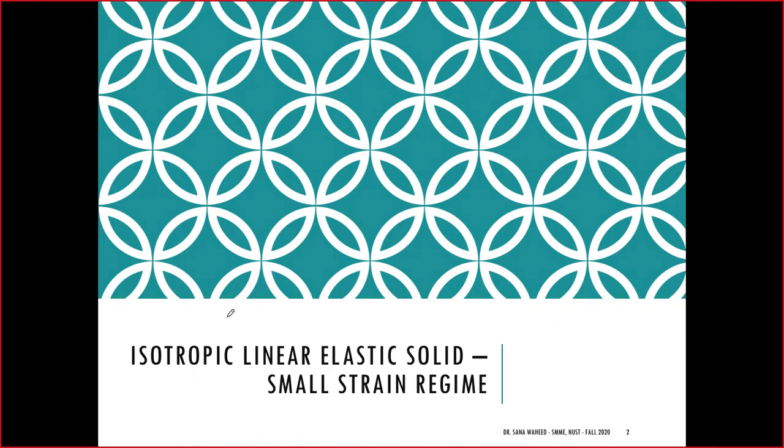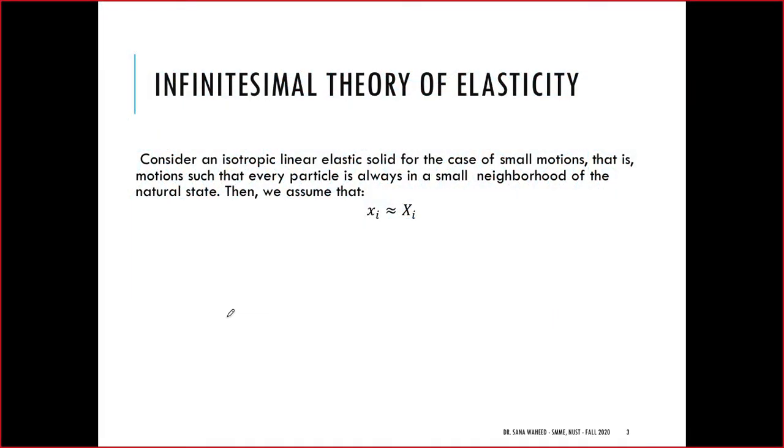Perfect. So for that, I need to go back a little bit to our kinematics. और अभी मैंने example में भी थोड़ा सा brush through कर दिया था, और उसको थोड़ा हम और elaborate करते हैं कि पहले भी हमने इस चीज़ के बारे में बात की थी कि when we're talking about linear elastic materials, most of the time we're talking about small strains. ठीक है जी.